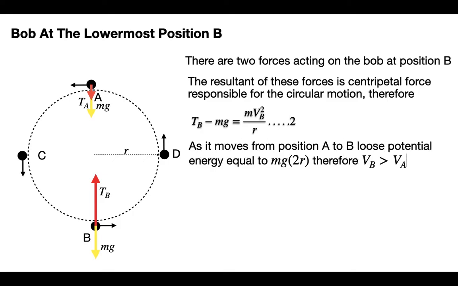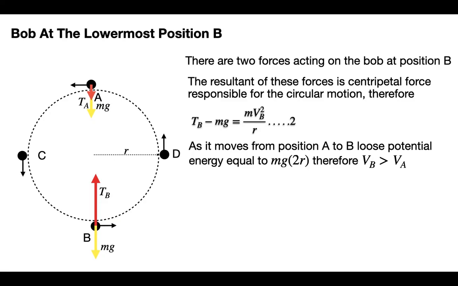As it moves from position A to B, it loses potential energy equal to mg into 2r, since it traveled a height h equal to 2r. So that potential energy got added to the kinetic energy.